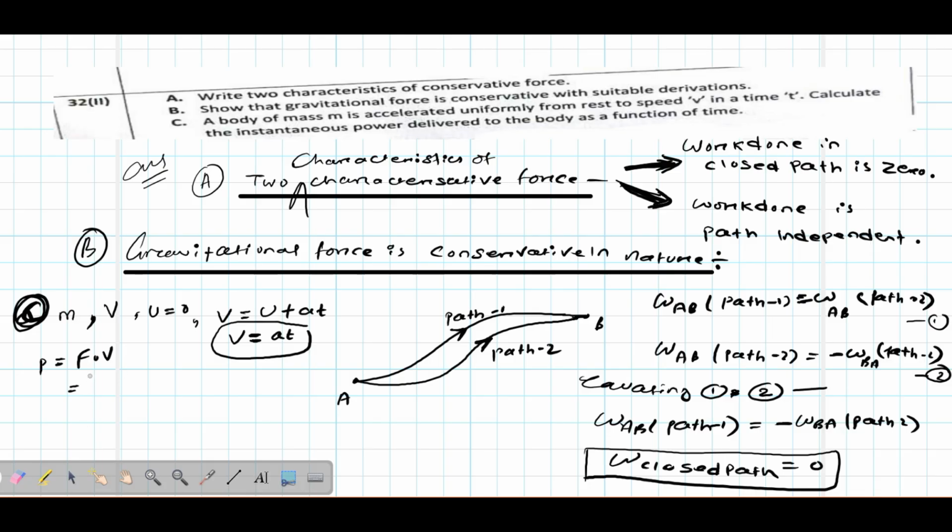Force is mass into acceleration, into velocity. V is at, so P equals m a into a t, which is m a square t. P equals m a square t.